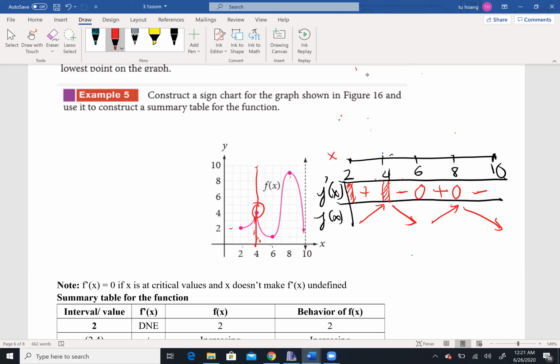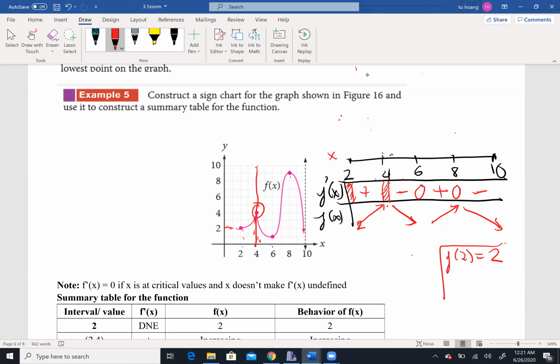So at 2, what is f of x? Say f of 2, what is it equal to? I have f of 2 equal to 2. So I put 2 here. And it keeps going up until here, then it's going down.